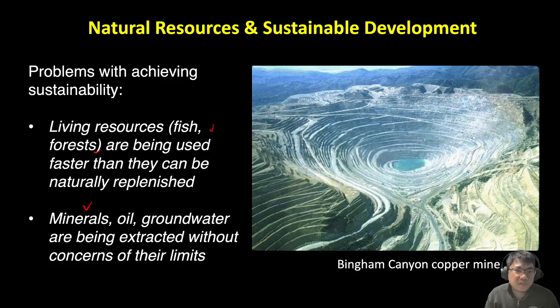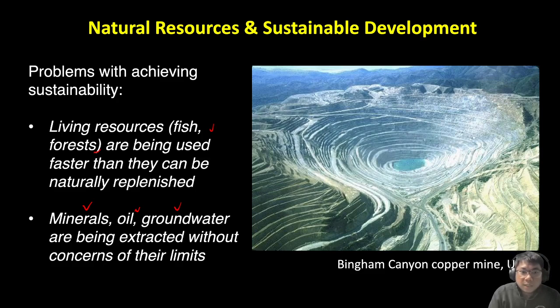They all use lithium. And oil, groundwater. These are natural resources that are being extracted without concern for their limits in some places of the world. When these things happen, this could cause problems with achieving sustainability. That means we're going to give more burden to the next generations, and we don't want that.